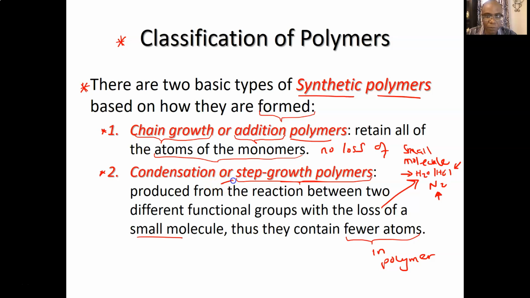Now these step growth polymers can be used to make nylon or ester polymers. It's condensation, so we lose small molecules. So the atoms will be fewer in the polymer. In the chain growth, all atoms stay.